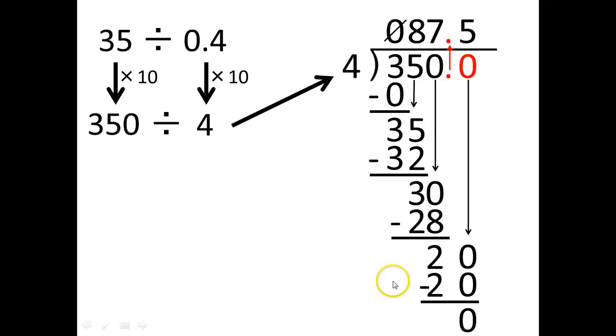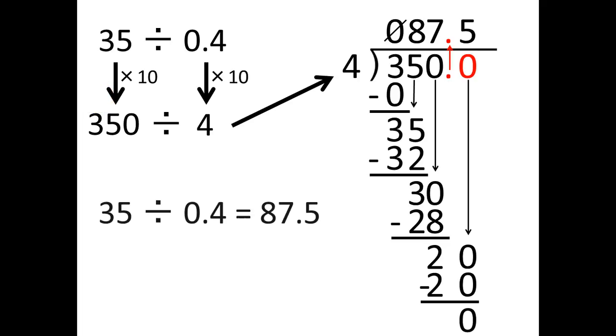And because we followed the division rule at the beginning, when we rewrote the division number sentence into something more convenient and easy for us, we can make a conclusion that 85 divided by 0.4, which was our original number sentence, is also equal to 87.5.